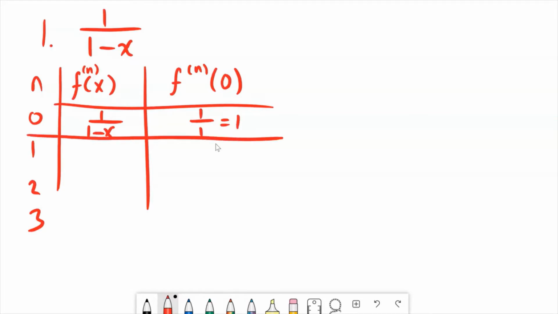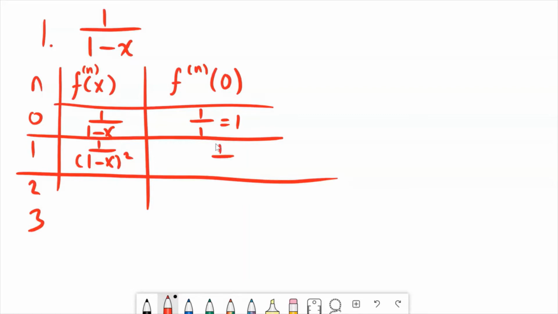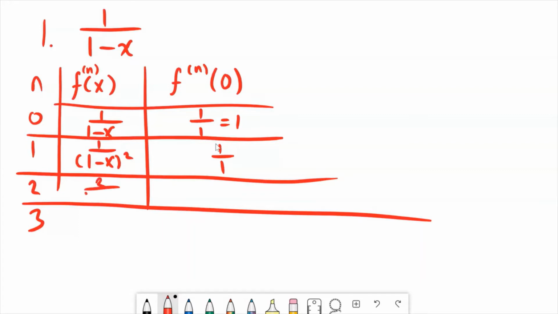The derivative of this function is 1 divided by 1 minus x squared. I'm going quickly into derivatives. If you really wanted to, you can do them yourself. But this is just the derivative of this function, and if we plug in 0, we get 1. Okay, easy. Now the second derivative is, let's see, it's minus 2 but times negative, so it's 2 over 1 minus x cubed.